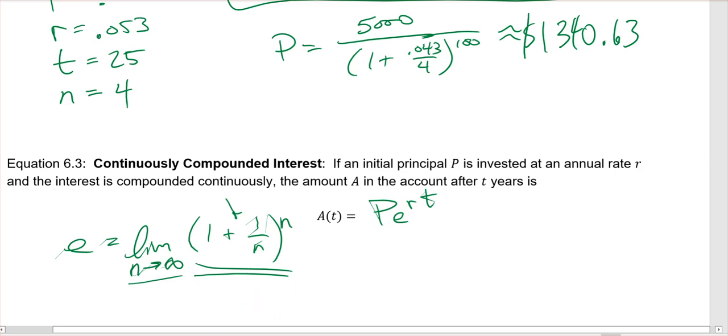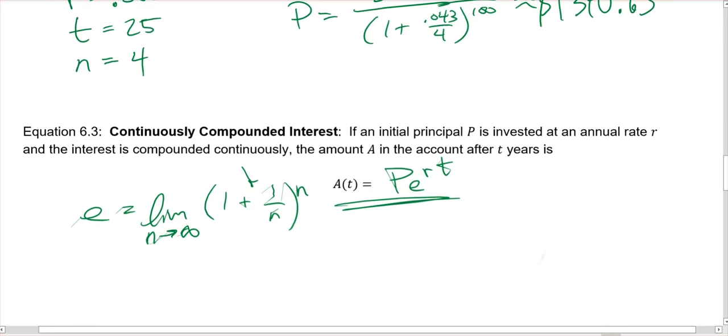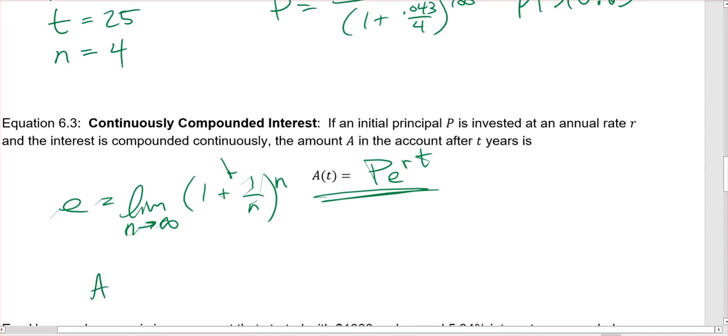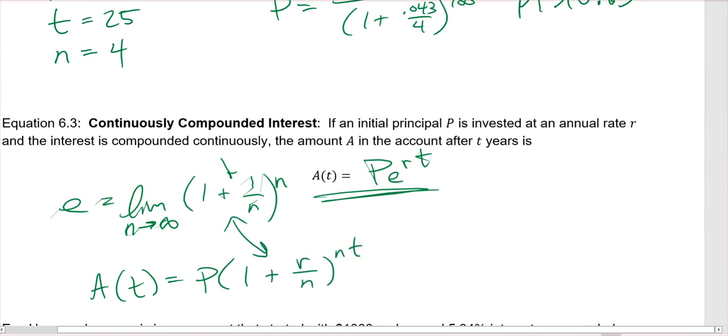So the point of this, I guess, is to say, hey, isn't it reasonable that we would have something that looks like this? Now, thinking about our compound interest formula, don't these things look similar, right? Those things look pretty darn similar. And if I think about continuous compound interest, I want to continually compound.